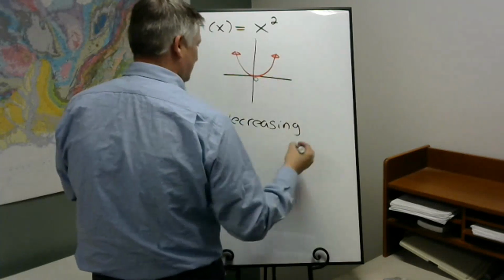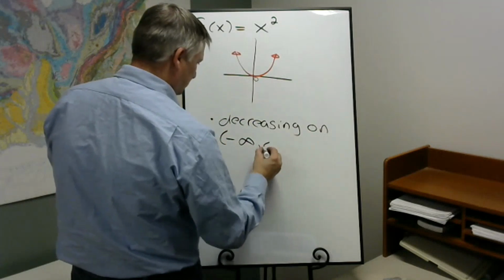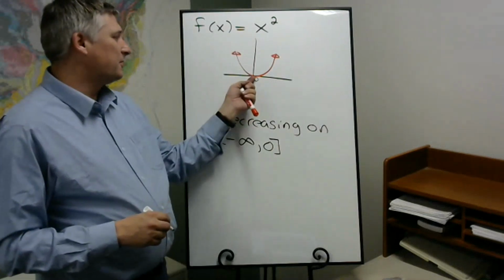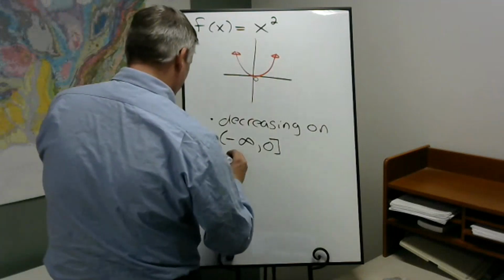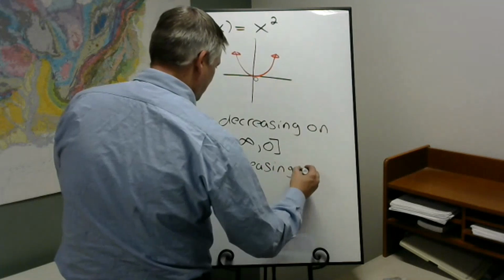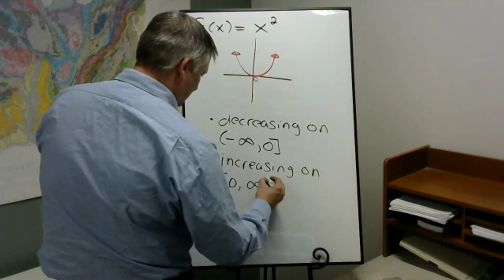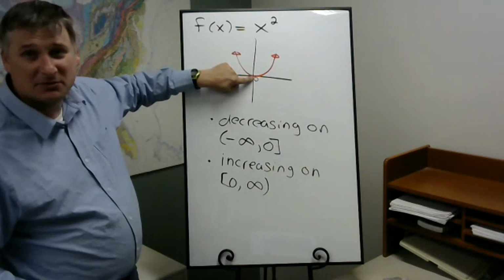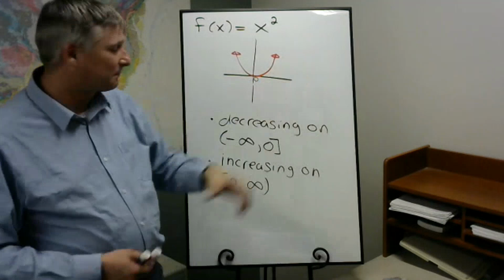And then with 0, it starts increasing. So it's always getting smaller here, then we hit 0. And then also starting at 0, it's always going to be increasing. It's going to be getting bigger.